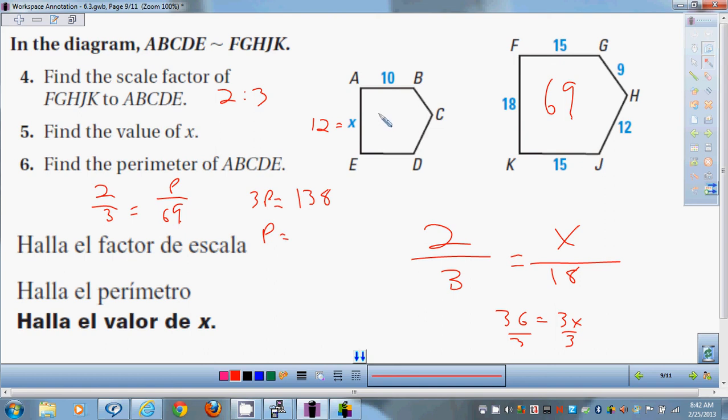We were a little sluggish on that one. Yes, you were. So we're going to try another one. Same thing, except this one. The only thing I want is the scale factor.